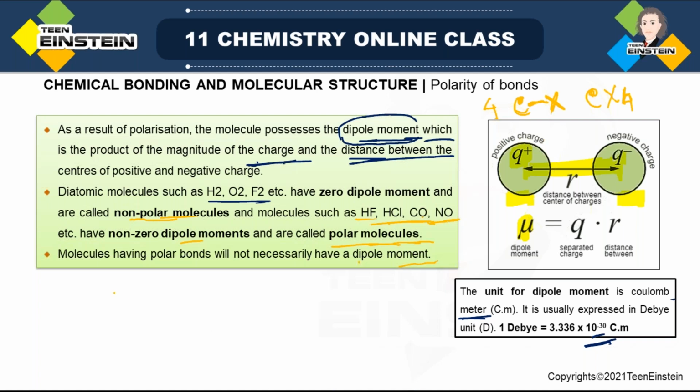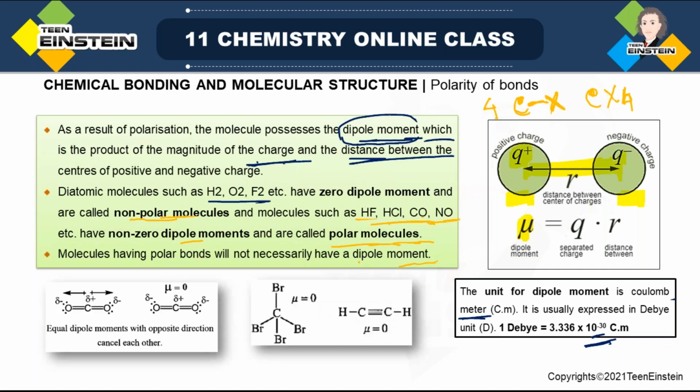The statement means that for molecules having polar bonds, suppose you have taken any molecule where a polar bond is present, that doesn't mean you can predict directly from this information that the overall molecule will have a dipole. So you have to check individual bonds and the shape of the molecule. All these things we have to consider, then only can you decide whether there will be an overall dipole moment for this molecule or not.